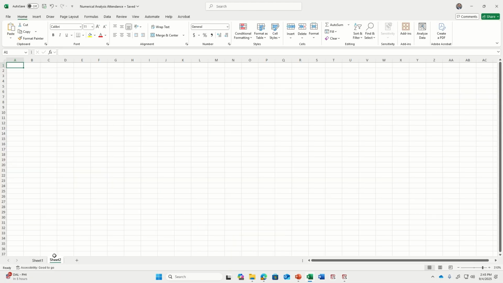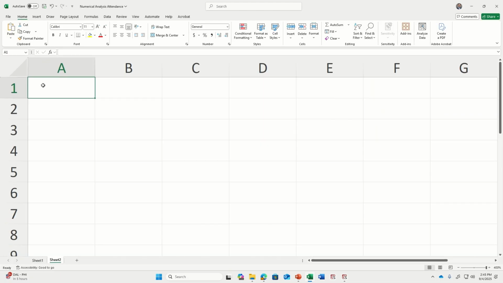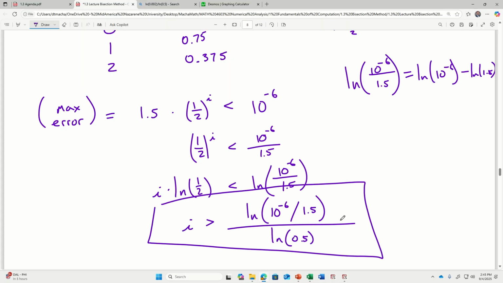We get 20.5. And we have to be greater than 20.5, so the next whole number we round up to is 21. We need 21 iterations of the bisection method to get down to that level of tolerance, 10 to the negative 6.